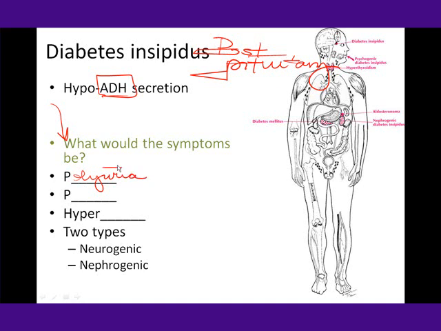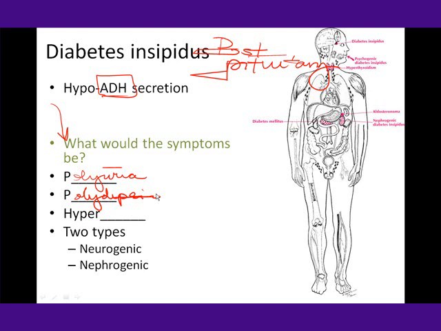That means a whole lot of urine being formed. And if I'm losing a lot of fluid in the formation of urine, it goes without saying, I'm probably going to be really thirsty. That's polydipsia, which just means excessive thirst.